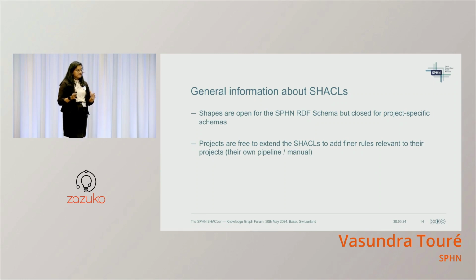So the truth only lies in the project within that space, although for SPHN, this can be extended. And as I probably mentioned already before, the projects are free to extend the SHACLs by adding those new classes and properties they need for their study, but they can also add finer rules, which are not necessarily the ones generated by the SHACLer, but something maybe more manual to check for, let's say, clinically relevant statements or values.